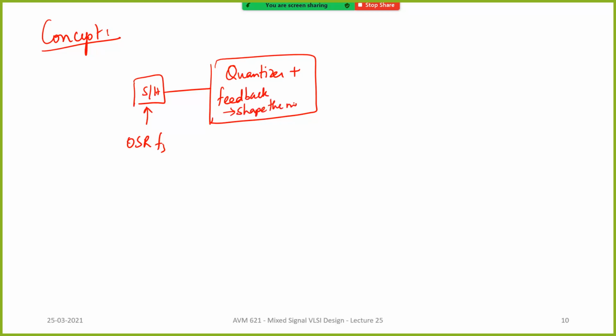Okay. So which means that instead of getting that small half a bit improvement by just doubling the sampling frequency, you will get even more improvement. Then from here you get a low pass filter and basically you decimate it by a factor of OSR. Okay. So this is the basic concept of delta sigma modulators.